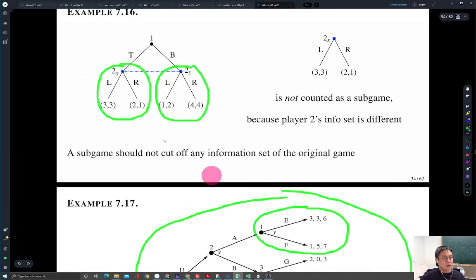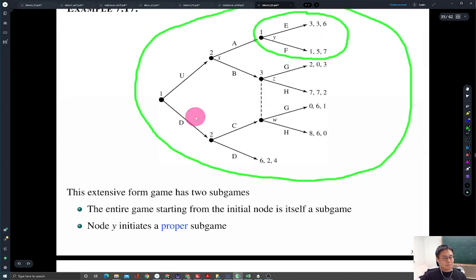For example, if we compute SPE in this game, it has just the entire game as the unique subgame. So imposing Nash equilibrium in every possible subgame is totally equivalent to imposing Nash equilibrium play in the entire game. So SPE and Nash equilibrium will yield the same prediction as long as the game has the entire game as the unique subgame.